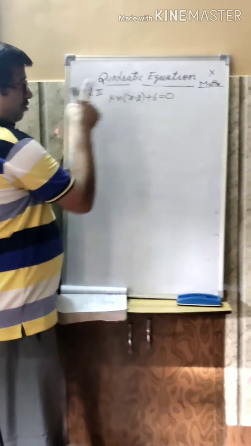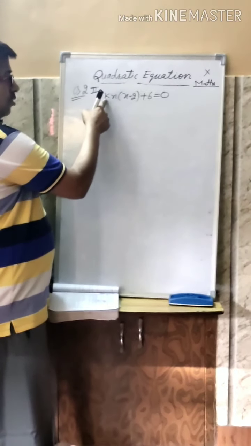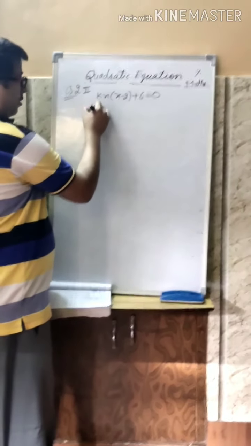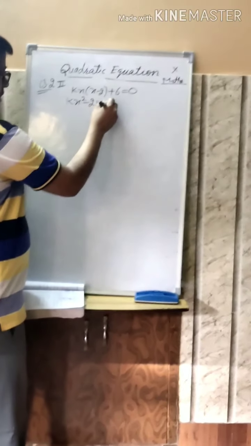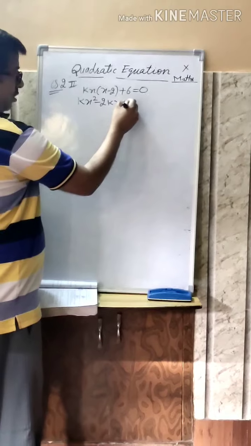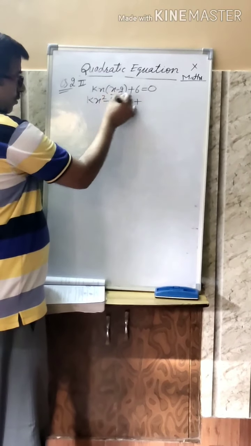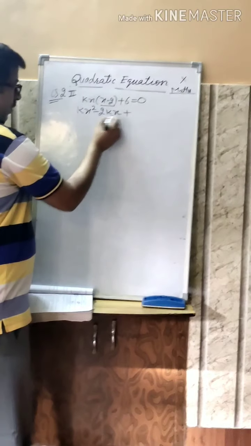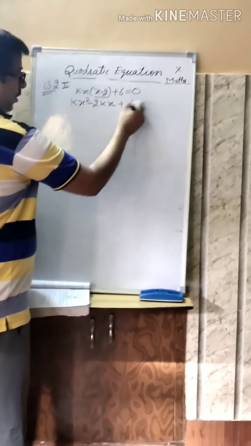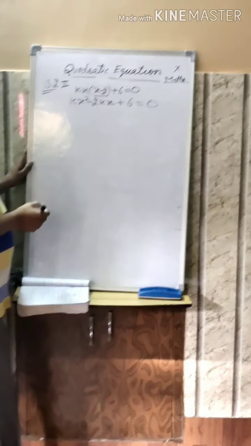So what you will do first, don't say it is 2. First you have to simplify the product: kx into x, kx square, kx into minus 2, minus 2kx, and the 6 is separate. Understand?